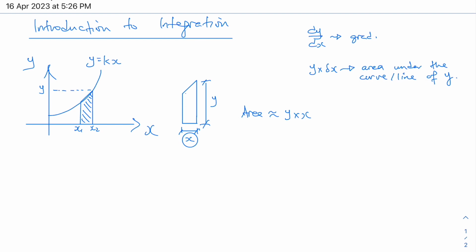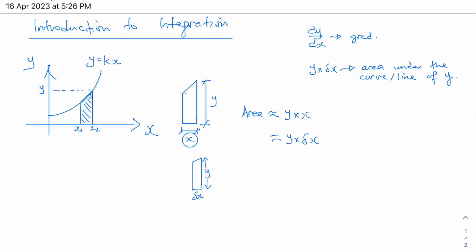So as we shrink, the area gets more and more like a rectangle. If I shrink more and more, it becomes more and more like a rectangle.